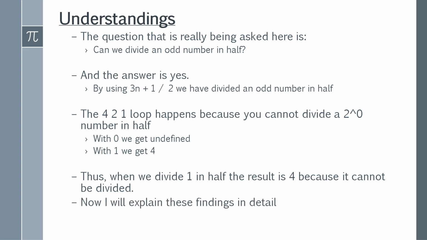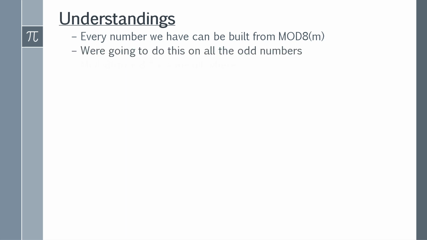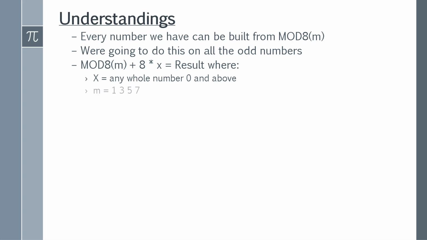All right, and now I'm going to go into more detail on why this is happening. I want to start with the idea that every number can be built from mod 8 and that number. We're going to take all the odd numbers and do this to them. We're going to take the mod plus 8 times x and get the results. So x is any whole number, and then m would be 1, 3, 5, or 7. And so what that looks like is this.